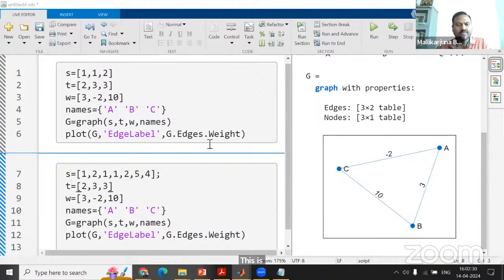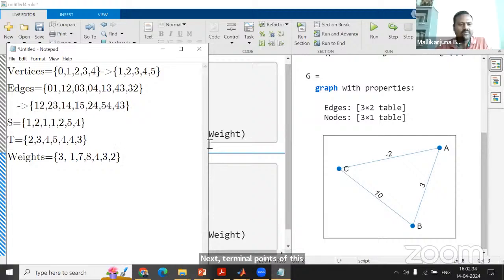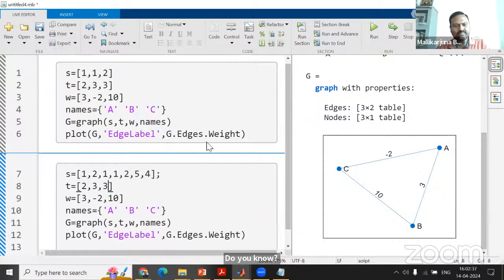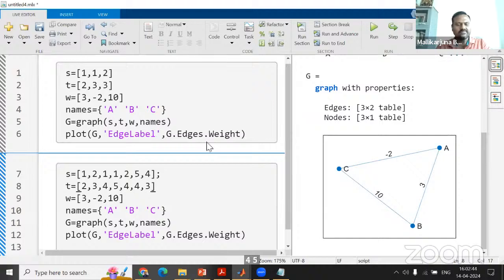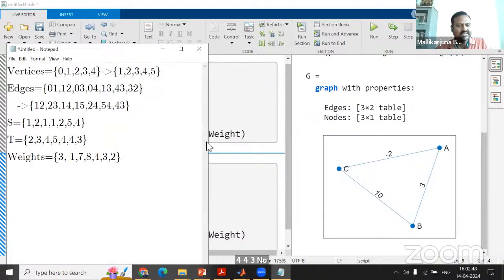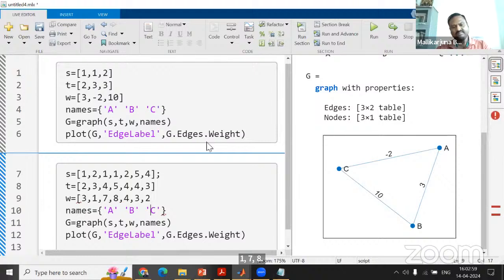Next, terminal points of this: 2, 3, 4, 5, 4, 4, 3. Now, what are the corresponding weights here? 3, 1, 7, 8, 4, 3, 2. That's all. We don't want the names.